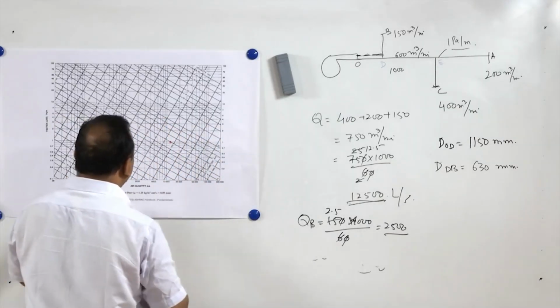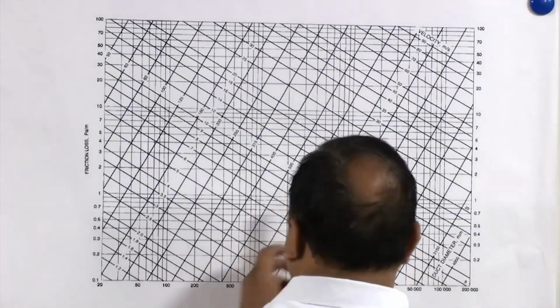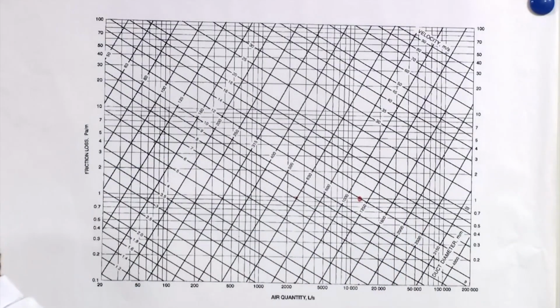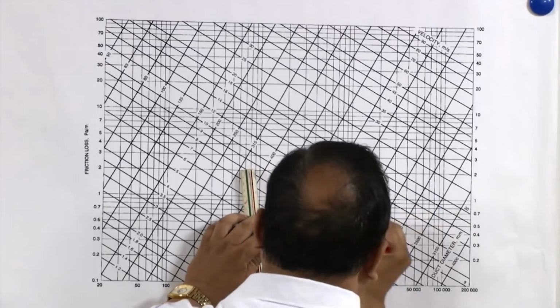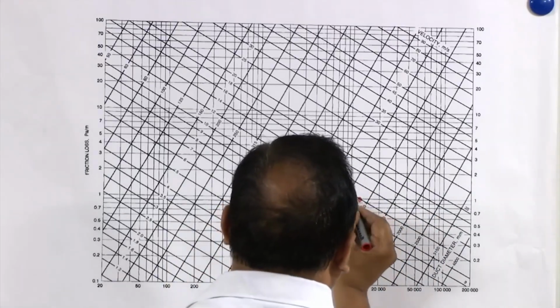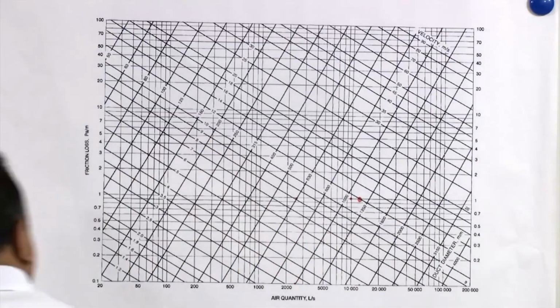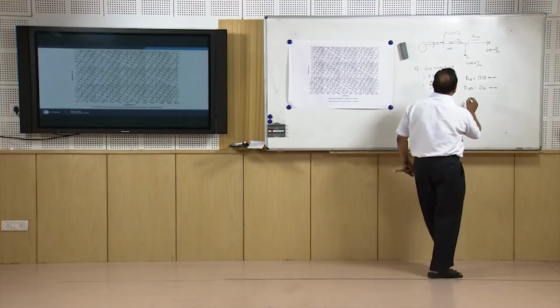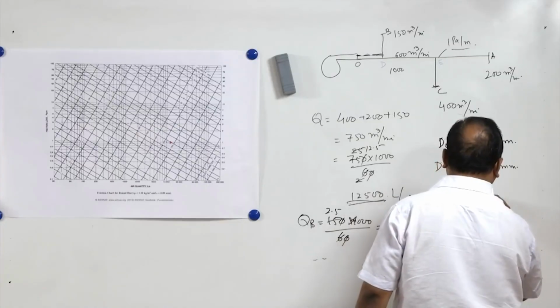So again we will look for 10,000 liters per second and take the diameter here. It will come straight away, around 1050. So the diameter of DE is equal to 1050 mm.